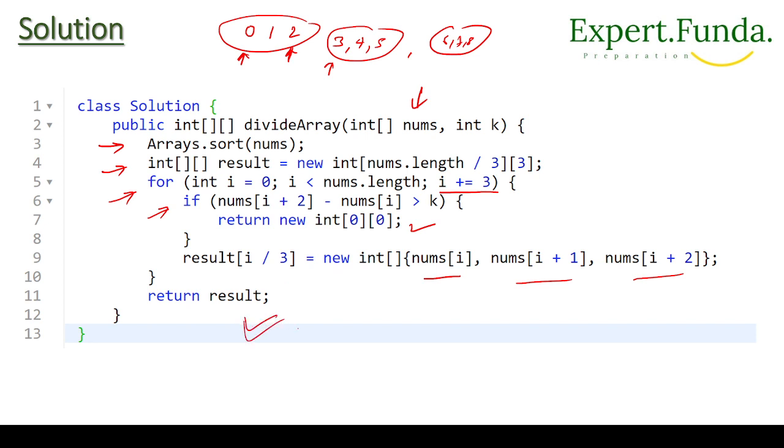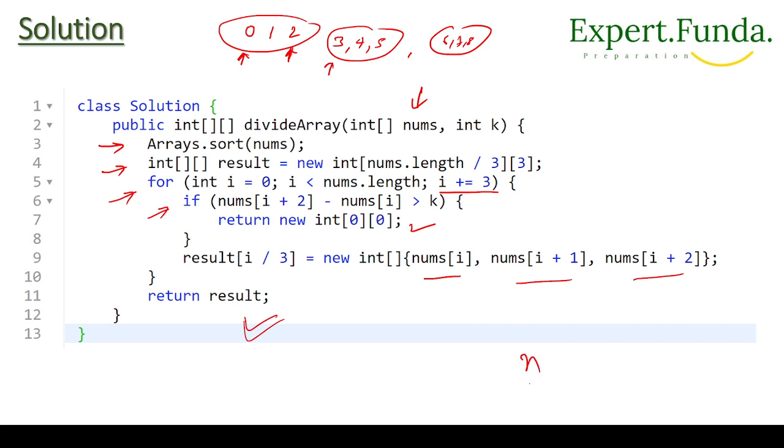Okay, so I think this will help you to understand the example. And if you see the complexity, total how many elements are there? n elements are there.